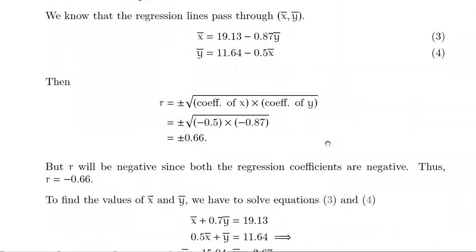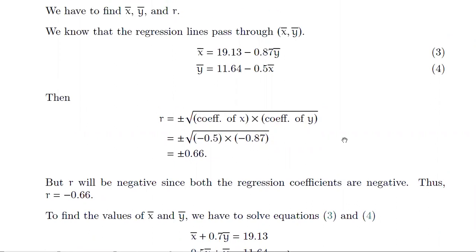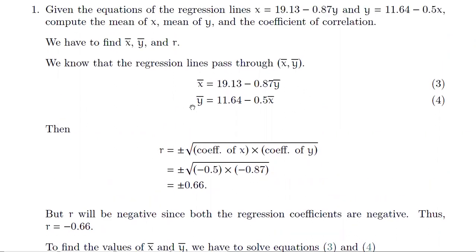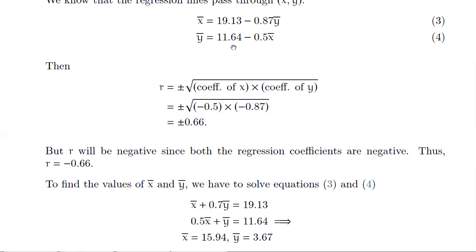Now to find the value of x bar and y bar, we can just take these equations and solve both of them. So just rearrange them. You get x bar plus 0.87 y bar equal to 19.13. Please note this should be 0.87. That is rewriting this equation.